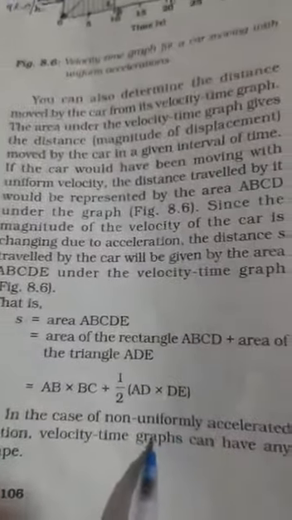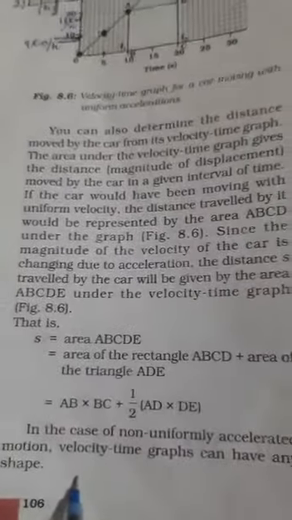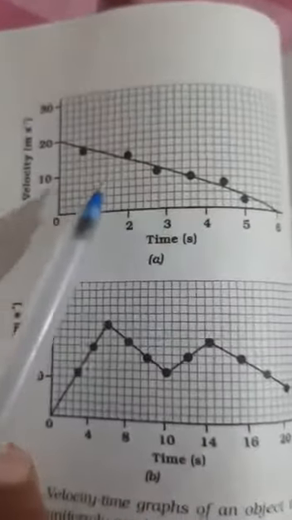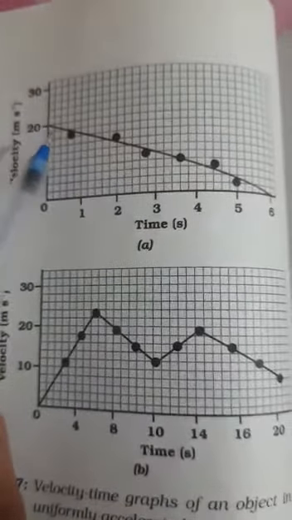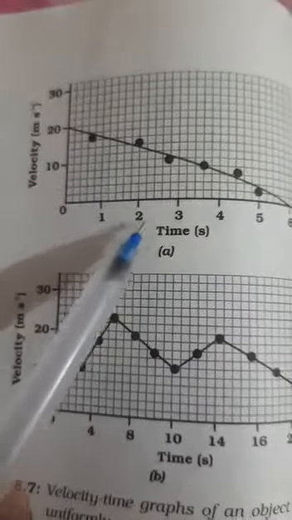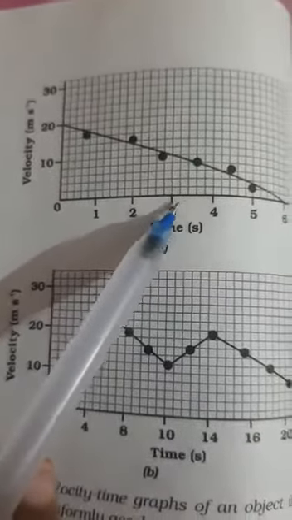In the case of non-uniformly accelerated motion, velocity-time graphs can have any shape. See here, such a shape shows us that the velocity is decreasing with time. At 1 second it is more than at 2 seconds, which is more than at 3 seconds, which means the velocity is decreasing.